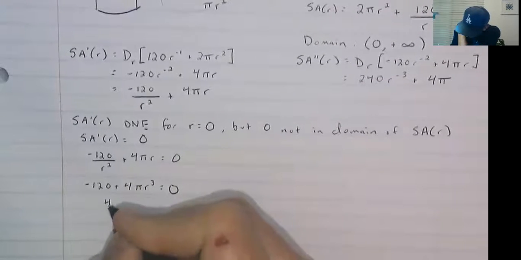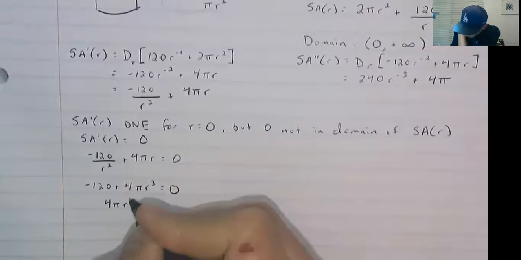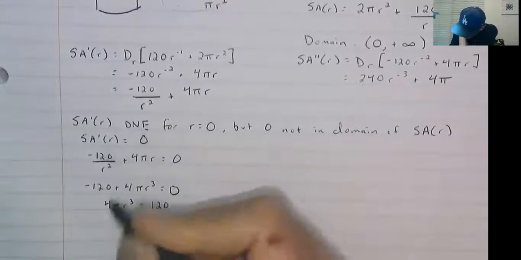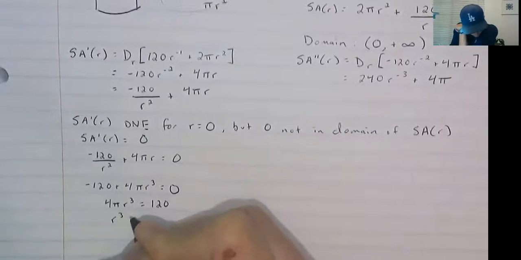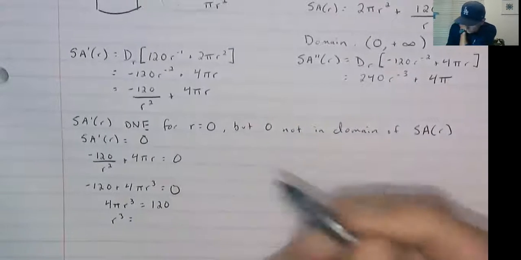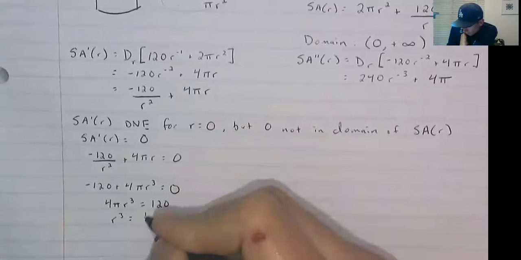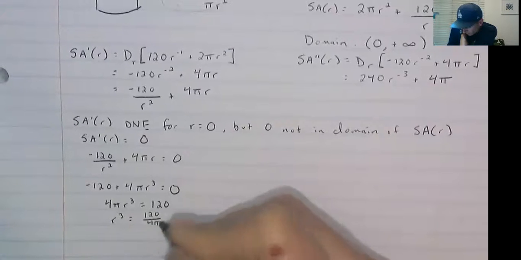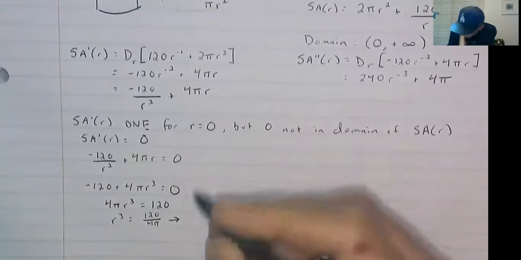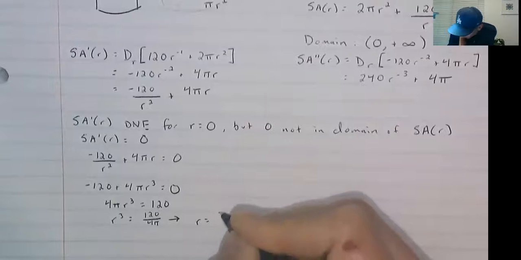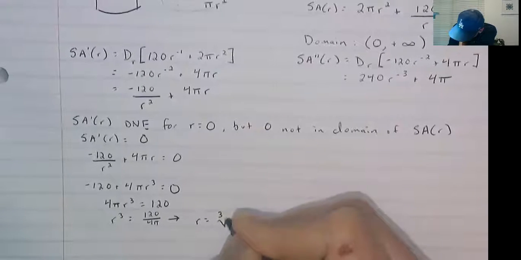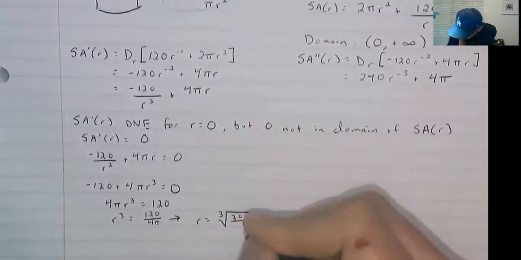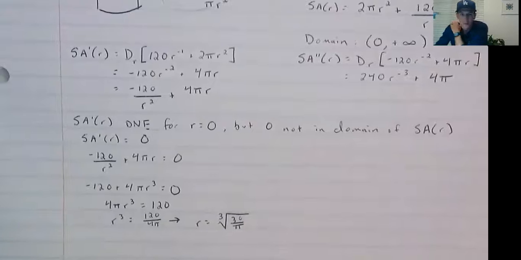We need 4 pi R cubed equal to 120. So we need R cubed to be equal to 120 divided by 4 pi, which means that we need R to be equal to the cube root of 30 over pi.